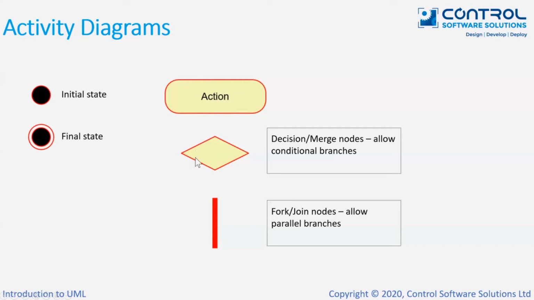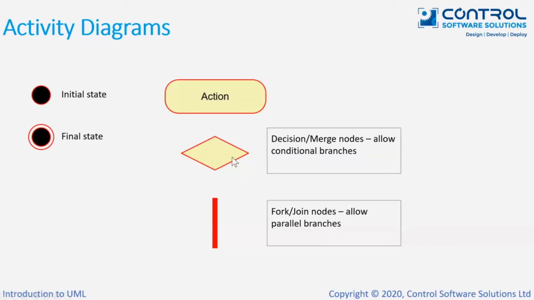And then we have a decision point. Most people will recognize this as a decision in a normal flowchart. However, in UML, it's also used as a merge point as well. You'll see how that looks when we look at a diagram. But quite useful in UML is the fork and join.